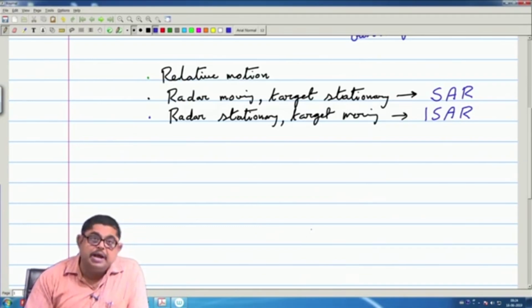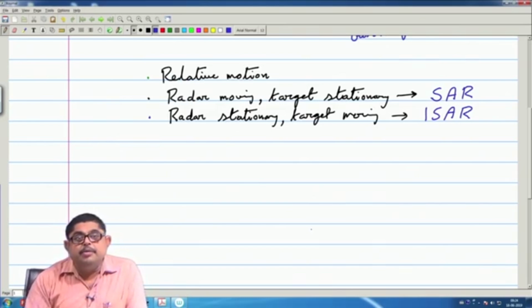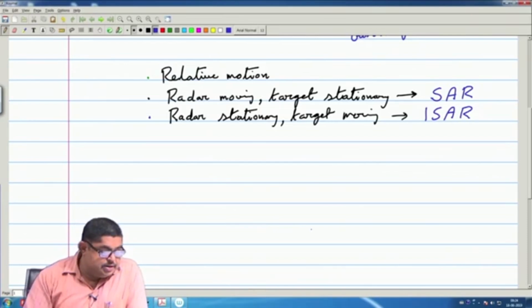A narrow beam has finer resolution, but a narrow beam requires a long real antenna, which may be difficult to implement. In SAR based radar systems, signal processing is used to make a relatively short antenna behave as a long one.